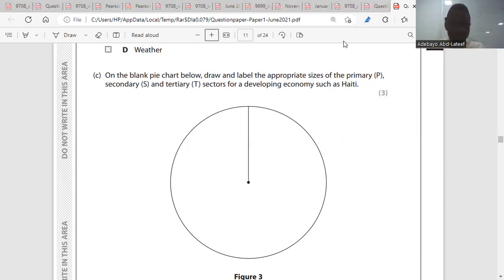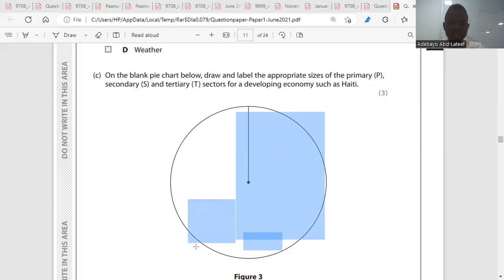So that means we have to draw a graph here. So we say this proportion, more of this proportion, let's say the proportion here and here would make up the primary production.